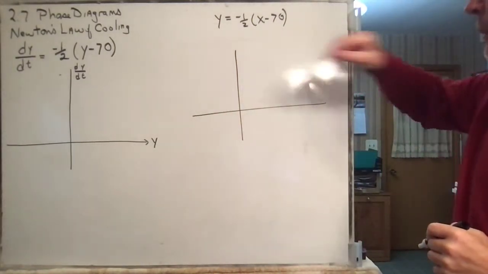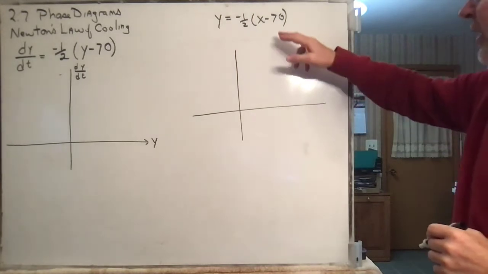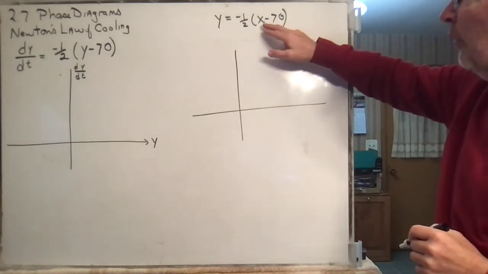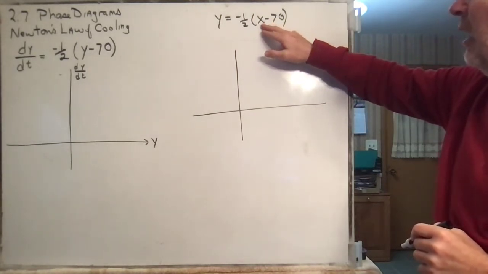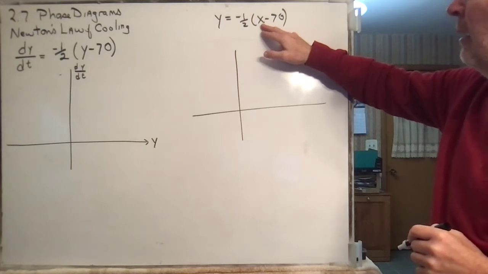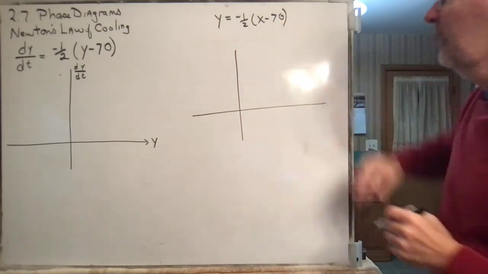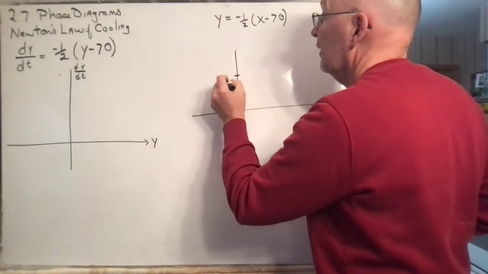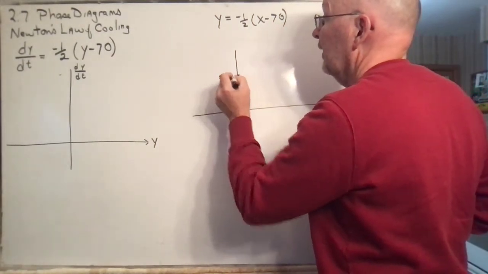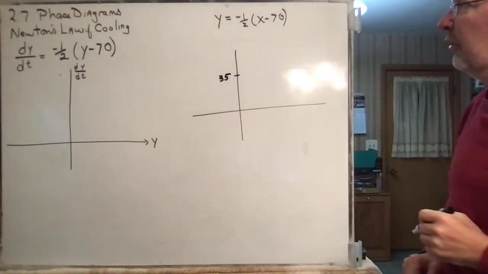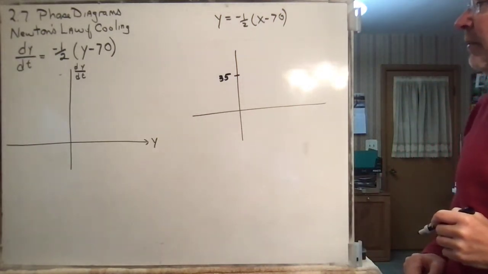What are the intercepts going to be? Notice that when x is 0, y is going to be negative 1/2 times negative 70, which is a positive 35. Agreed? So there's your y-intercept.